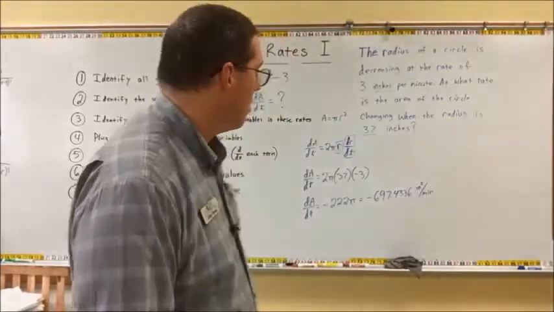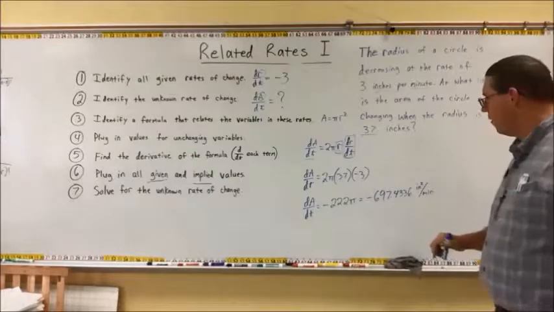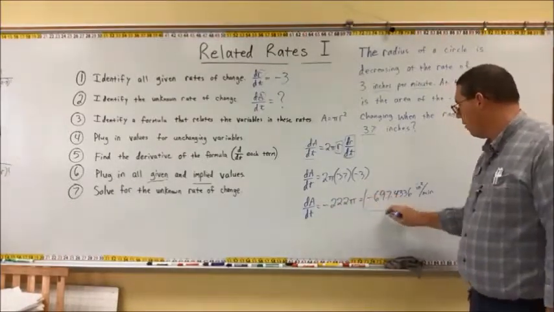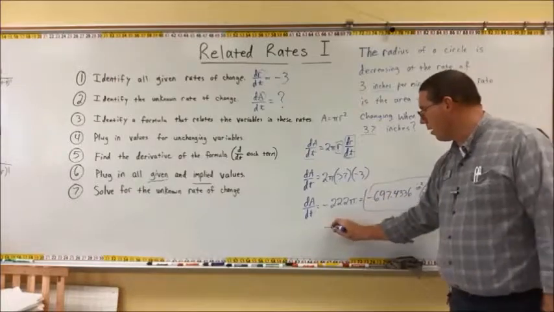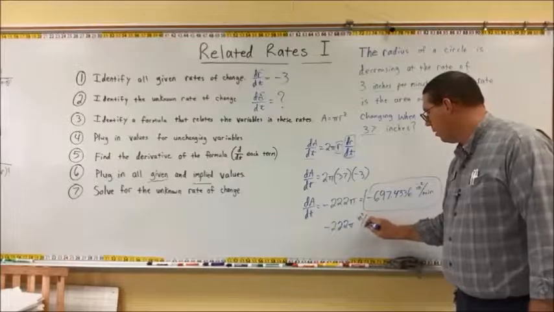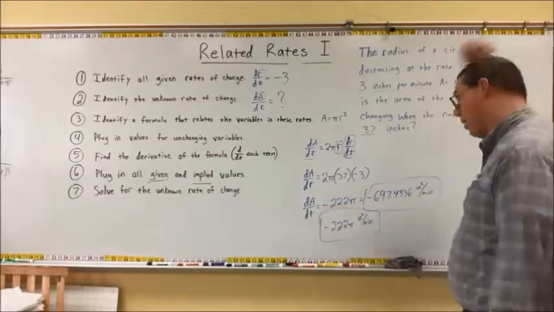Area is always in squared units. And so this is our final answer right here. Or you could write it as -222 pi inches squared per minute.